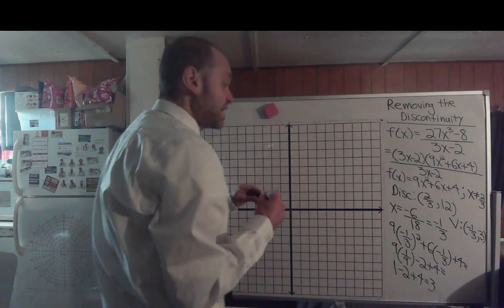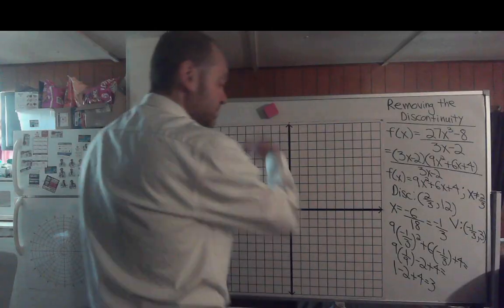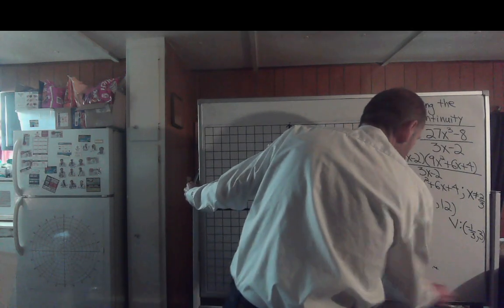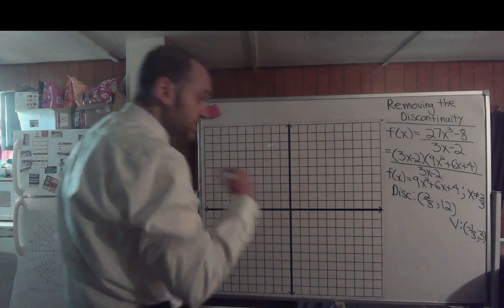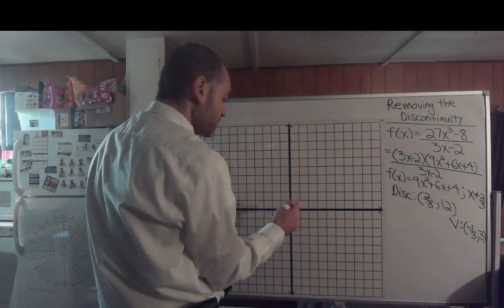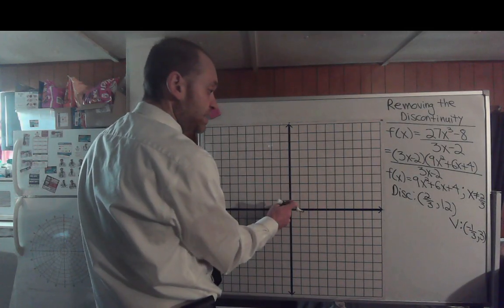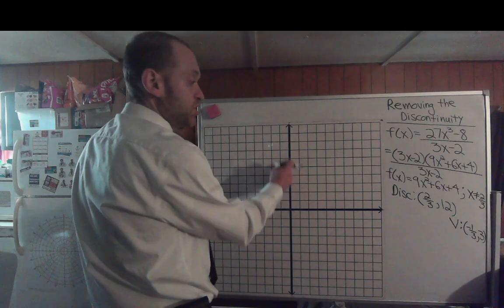All right, now that I got the discontinuity point and the vertex, I can draw a good graph of this. That's my goal. I want to graphically show you what's happening. So, vertex (negative 1/3, 3). I'm going to make each of these y units count for 2.